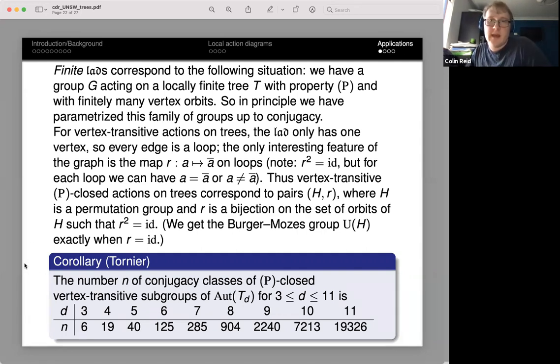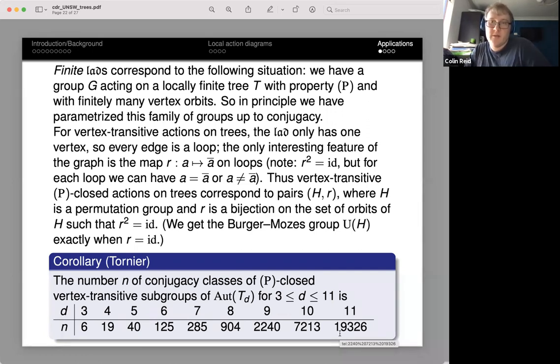Stéphane Tornier wrote a GAP program to sort of enumerate these things, which got to degree 11 before it got too slow. So you get some number of groups of these sizes. So for instance, there's about 20,000 conjugacy classes of P-closed vertex transitive subgroups of T_11.